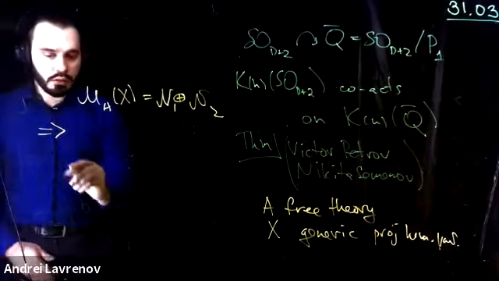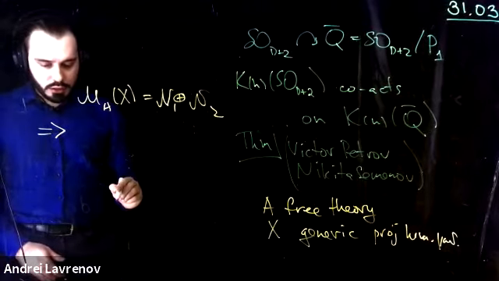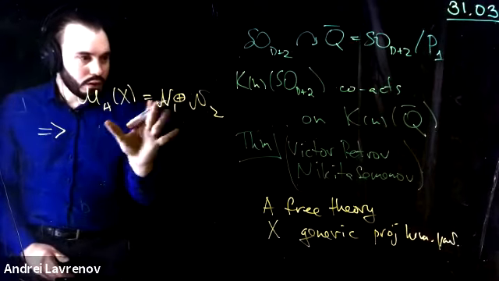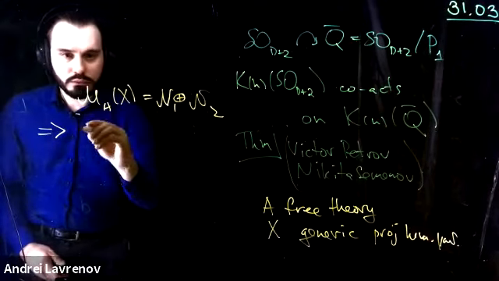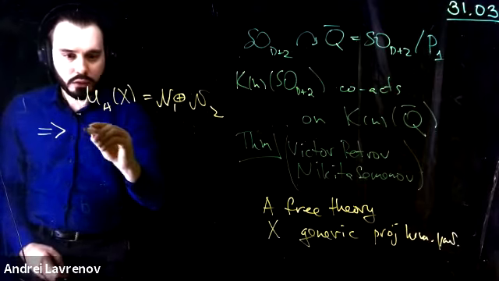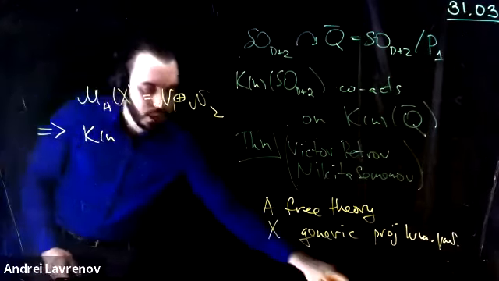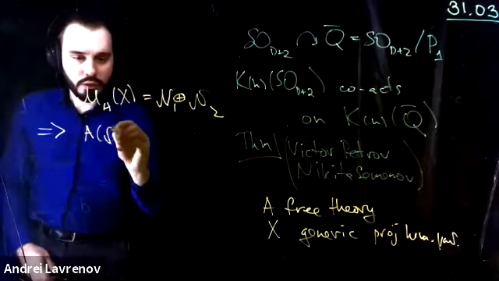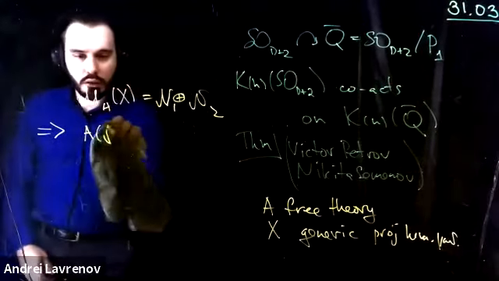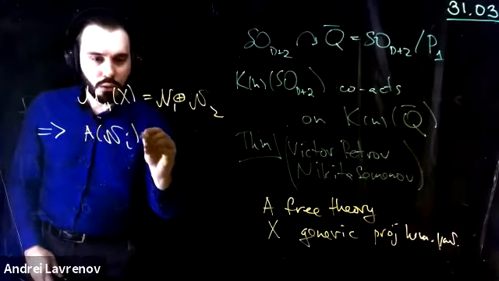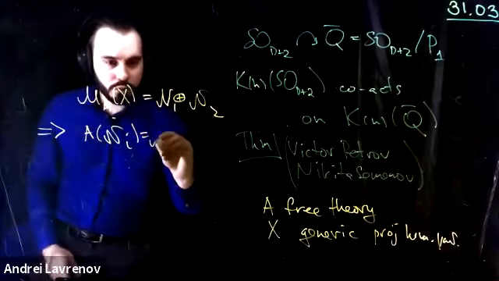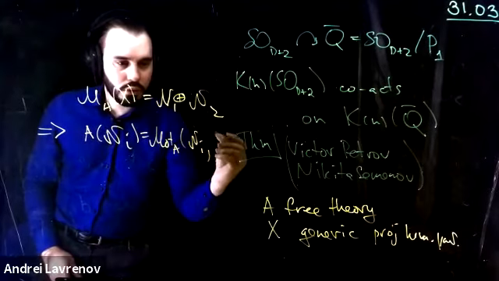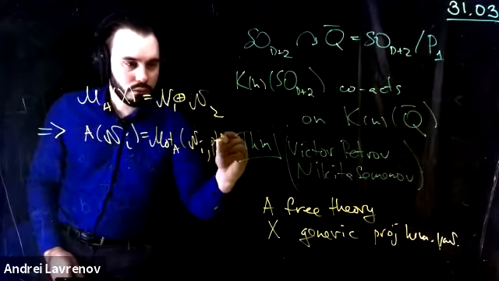Then its realization, we can take each summand N_i, which maps to the point, maybe twisted.